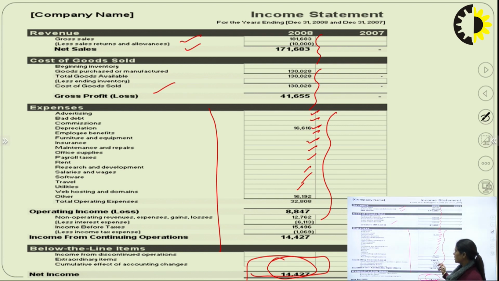Then, if there are some operating income losses, we also put these values, and then we subtract this value. We get our net profit value.